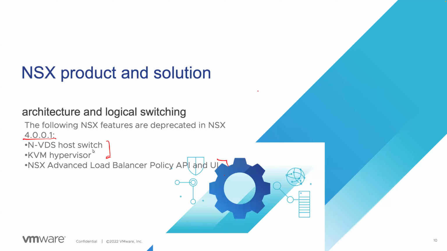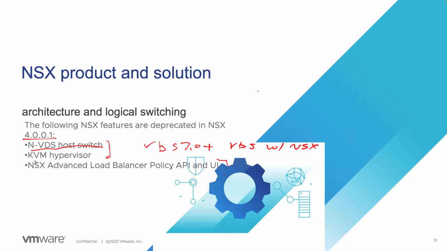NVDS has been phased out in 4.0. It's totally gone. So we have to set up, install and configure VDS 7.0 plus, or we call it VDS with NSX. So we don't support NVDS anymore since 4.0.